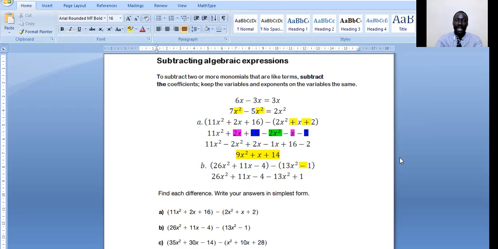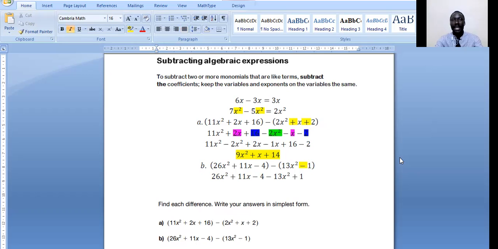At this point in time, now that we have opened the bracket, the next thing we want to do is to collect like terms. Collecting like terms means terms having x squared, we put them together. Terms having x, we put them together. Terms without x or x squared, also known as the constants, we also put them together.